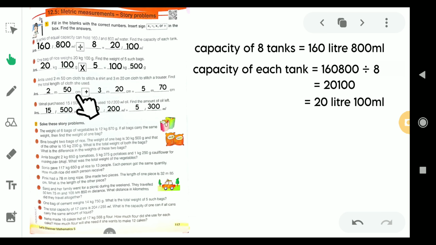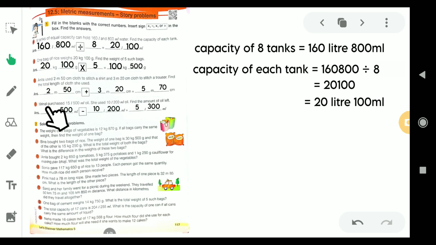So 2 meter 50 centimeter for shirt and 3 meter 20 centimeter for trouser, and they are asking the total length of the cloth she has used. Total means it is addition only, so we have to use the addition sign here. So 2 meter plus 3 meter would be 5 meter, and 50 centimeter plus 20 centimeter would be 70 centimeter. So this is the total length of cloth she has used for stitching both shirt as well as trouser.